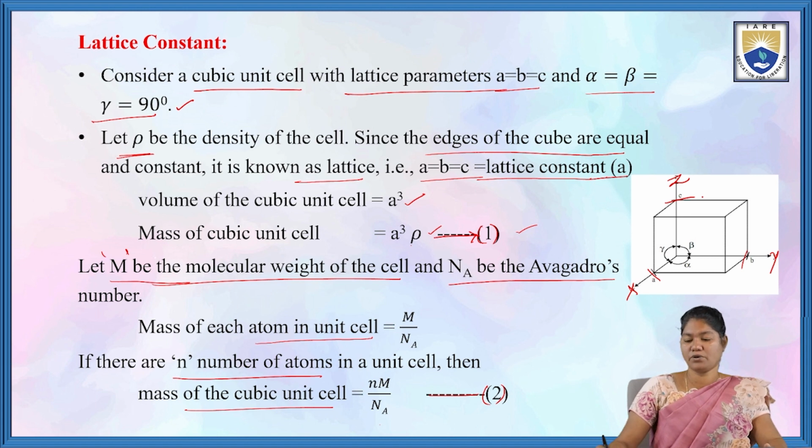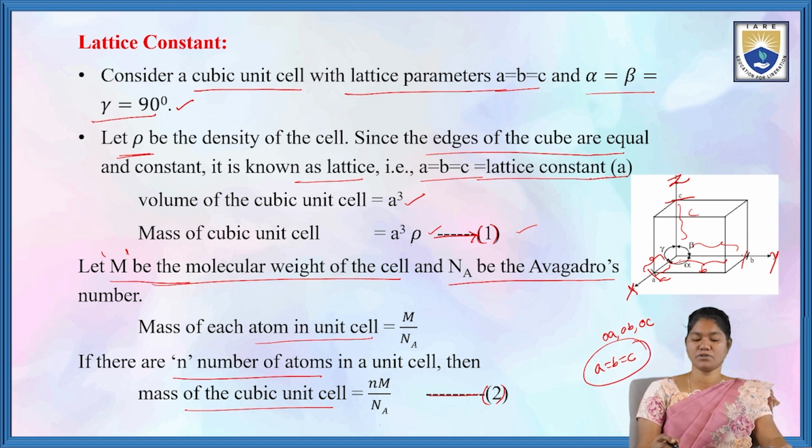As we are taking a cubic unit cell, the distances OA, OB, OC are the same. So a is equal to b is equal to c. That's why the edges of the cube are equal and constant, so we call it the lattice constant. We are going to derive that lattice constant a.